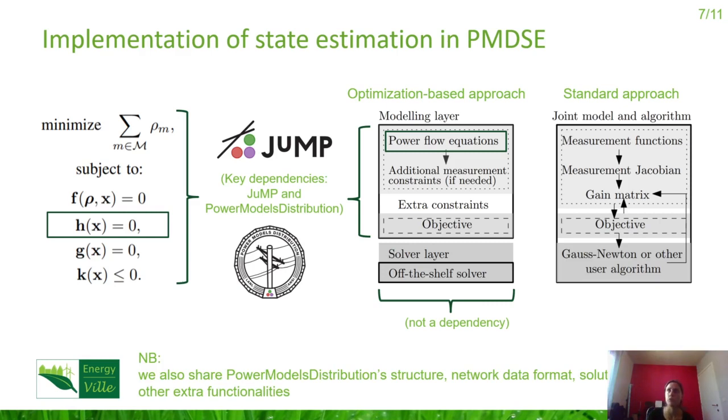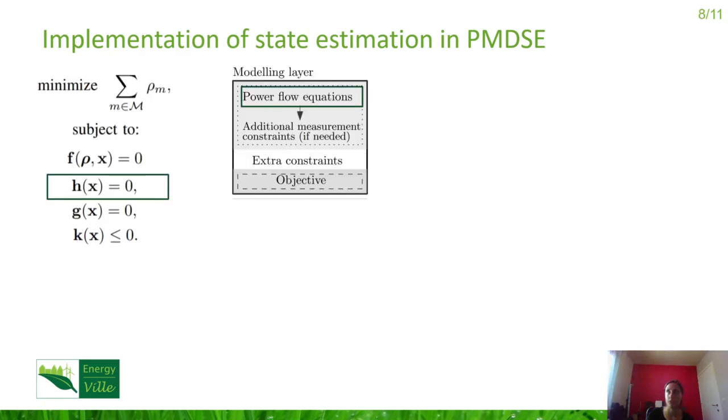But to focus on the mathematical implementation of the state estimation, in addition to the power flow equations, we have, of course, an objective that needs to be minimized, which is the sum of the measurement residuals.